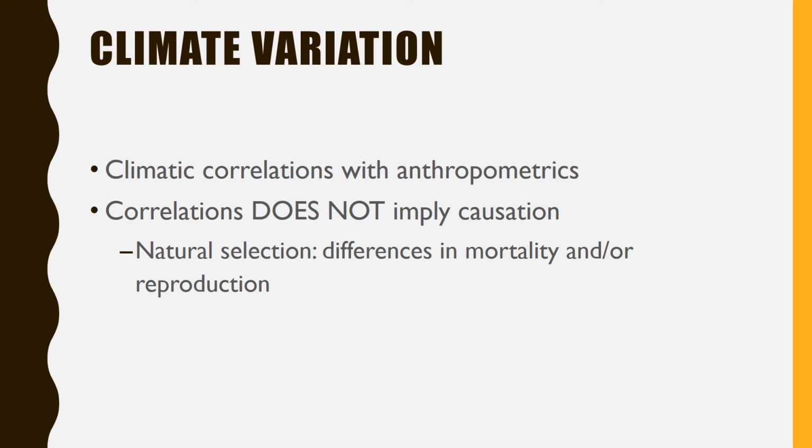Remember, for something to be deemed as evolutionary change and therefore consistent with hypotheses of natural selection, it would need to show that variation that corresponds to differences in mortality and or reproduction. So most of this research that we are discussing is showing correlations that exist, but is not showing that these correlations have any correspondence to differences in mortality or differences in reproduction.